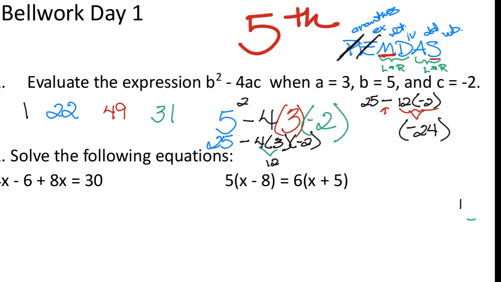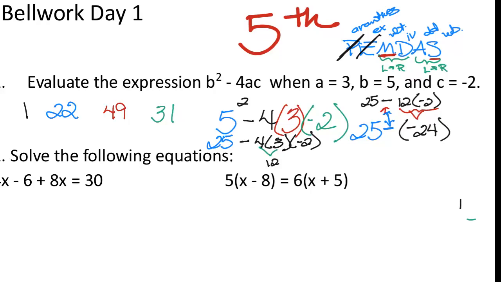Because I want to make sure I know that that negative with the 24 is different from my subtraction sign right here. So this is 25 minus a negative 24. Do you know in English you cannot have a double negative? You can't say, I ain't got none.